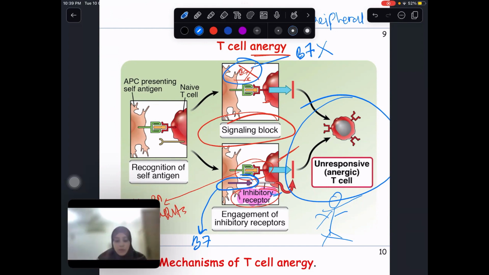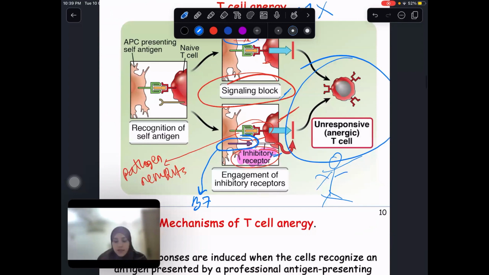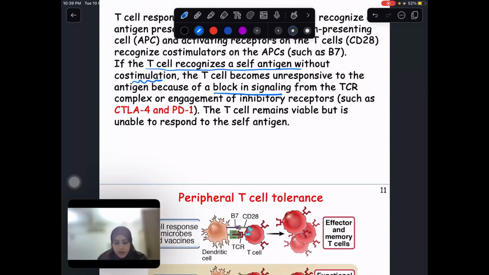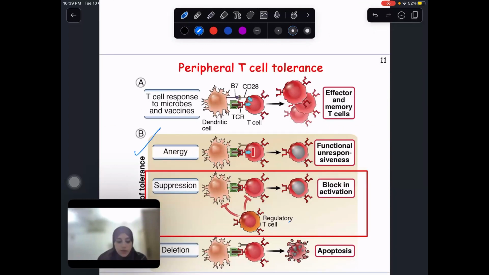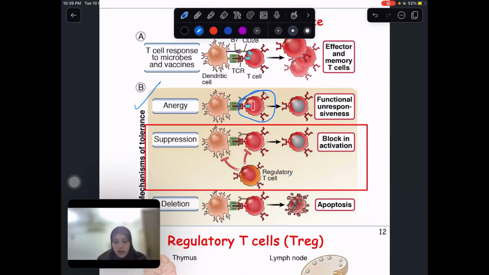So it will have the signaling blockage. Or if it was a pathogen remnant that is being presented, then it will use inhibitory receptors. The ones that we will talk about are CTLA4 and PD1. Specifically, though, CTLA4 is what we're looking at. So we're done with anergy. Anergy is not using the Treg, it's only by itself. Two ways: signaling block or the use of inhibitory receptors.